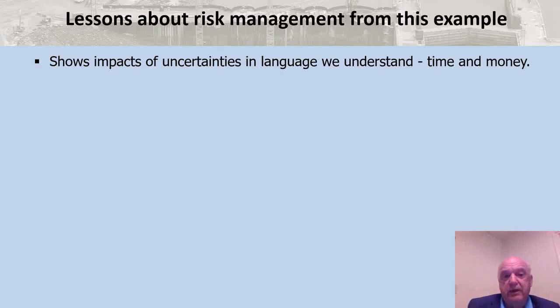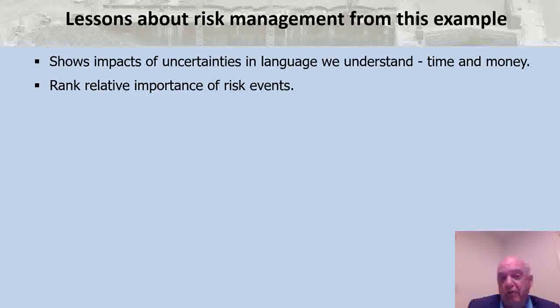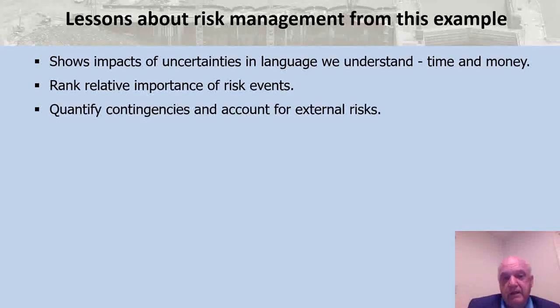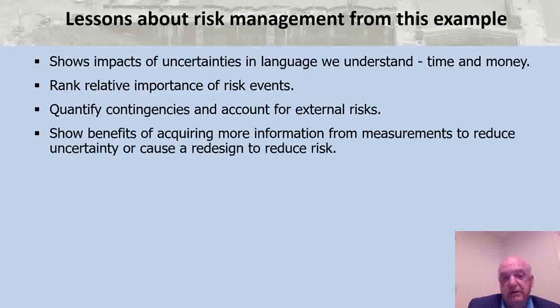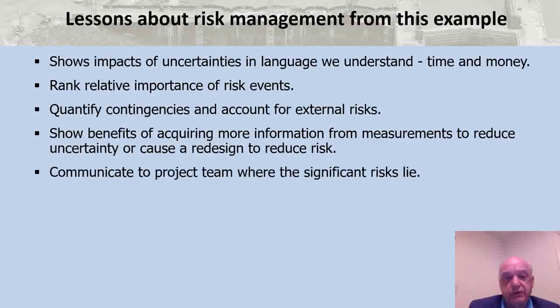It helps show the impacts of uncertainties in a language that we understand, that is time and money. It helps us, the risk register itself, relative importance of risk events, helps us to quantify contingencies and account for external risk. It helps show the benefits of acquiring more information from measurements, from monitoring, to help reduce uncertainty, or even cause us to redesign to reduce those risks.